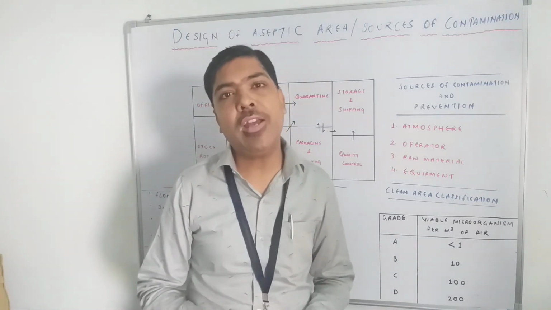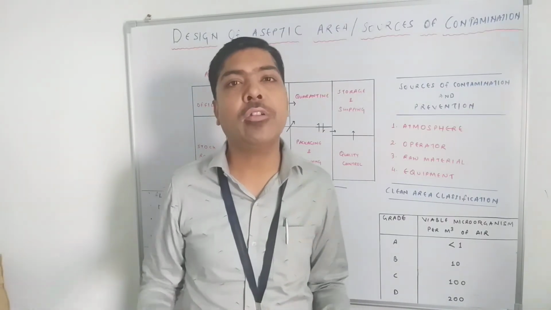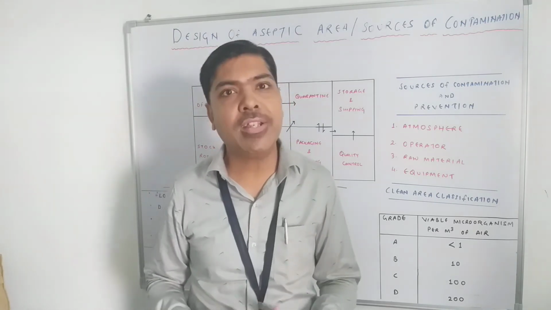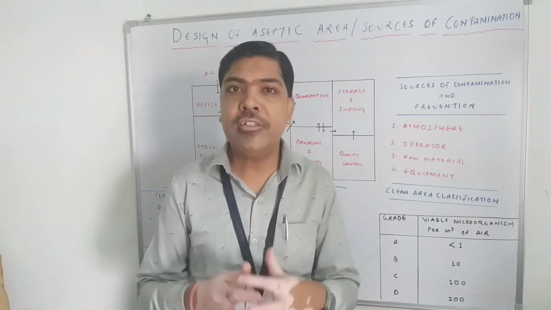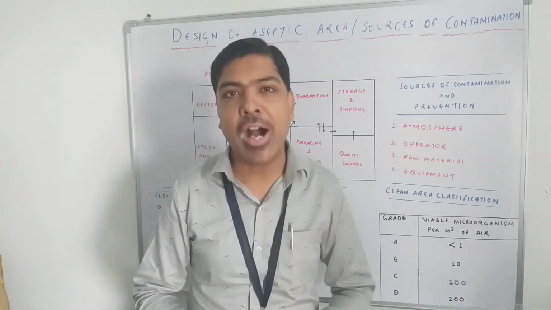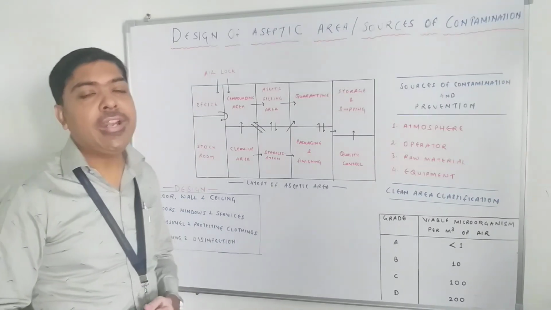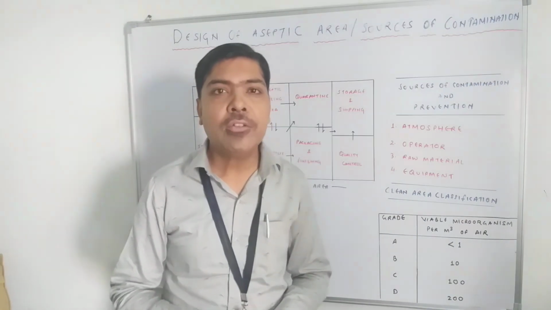But if we are using a concrete floor, then proper sealing of the concrete should be done, so that if we are going for the cleaning process or some repair process, it should not generate any contamination into our product. Then if we are talking about the walls, walls should be fireproof, not inflammable.